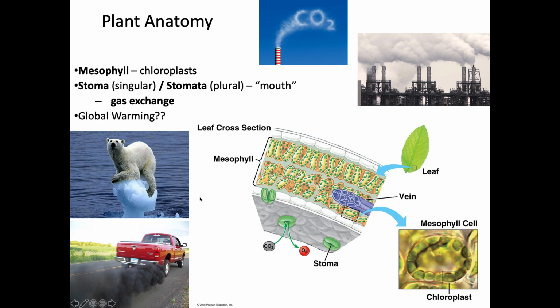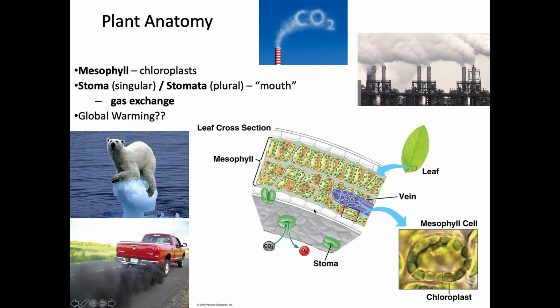Another thing that we're contributing to global warming is that we are cutting down trees for the agricultural industry and housing, and when you cut down trees, that limits the amount of photosynthesis that can take place. Essentially, you are limiting the amount of carbon dioxide that the plants can get rid of to release oxygen.